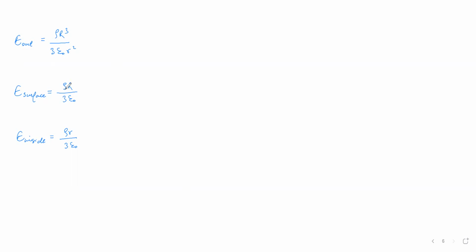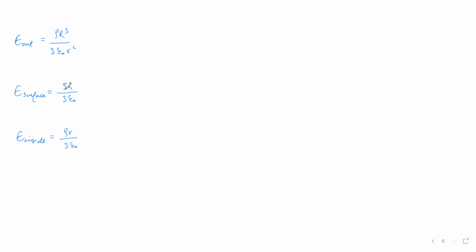Now, in all of these three values, there is a single value. You can look here, E inside, which is equal to rho r over 3 epsilon.